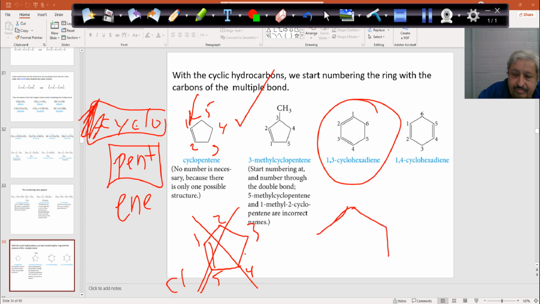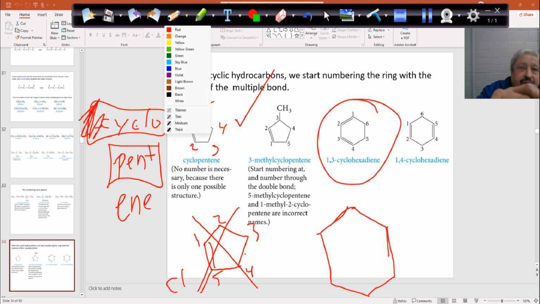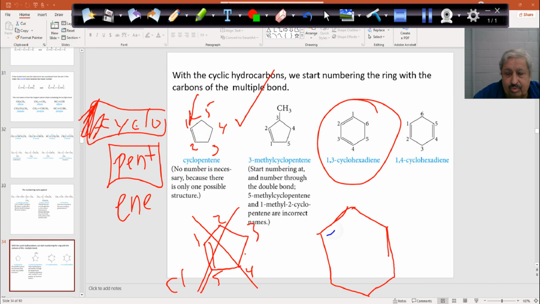Here it is. Now I'll make here, this is 1, this is 2, those alternating, this is 3. So, can I put this 1 and 2 here? No. You start with the double bond, you end up with the double bond. So here it is. So this is 1. If I started here, that's my 2.